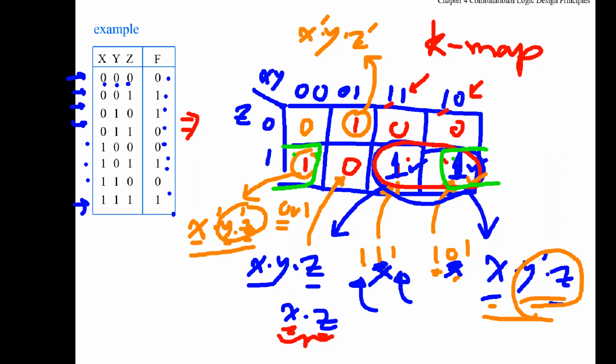So this cell x is 0, this cell x is 1, different, right? So variable x disappears in the final product term. This cell y is 0, this cell y is 0, so y prime. Okay, this cell z is 1, this cell z is 1.